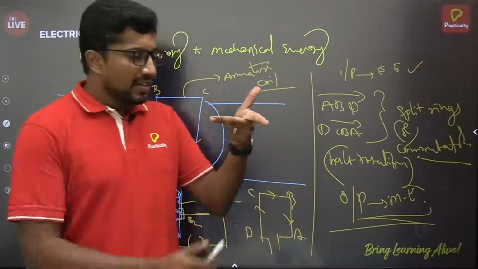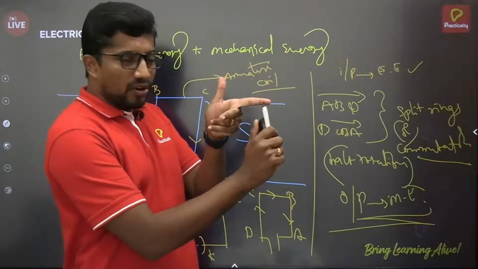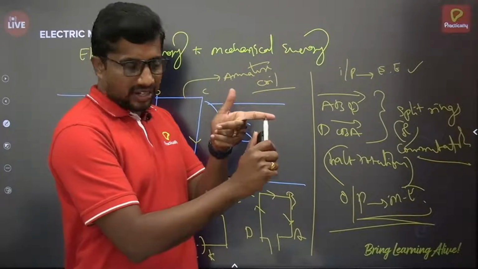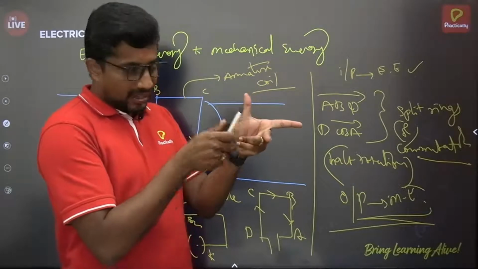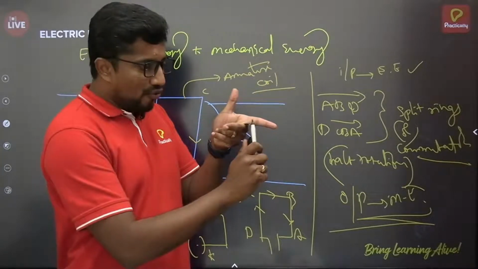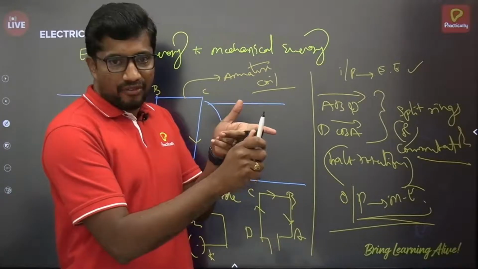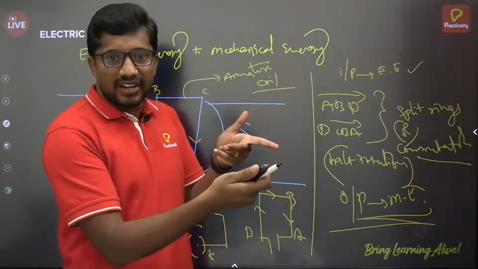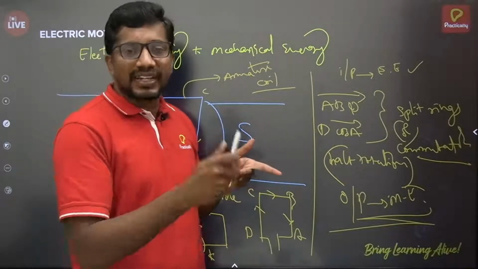Now in Fleming's left hand rule, remember the forefinger or index finger as F. F represents field, the magnetic field.